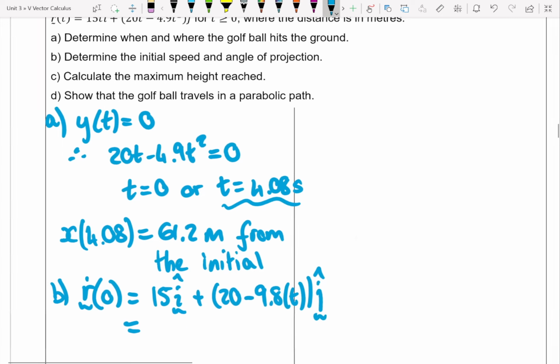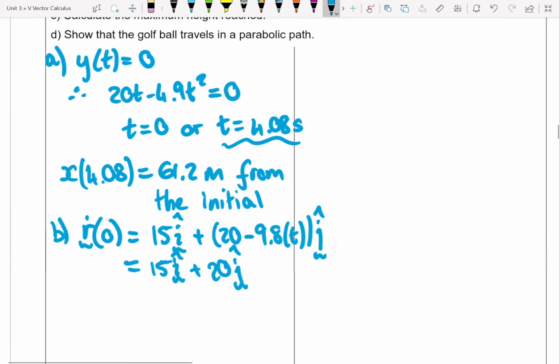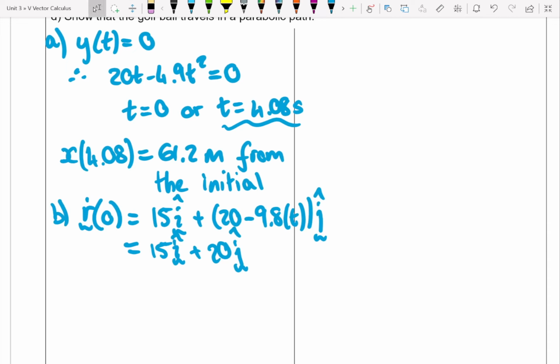So substituting in 0 for that, we get 15i plus 20j. The magnitude of that is going to give us 25 meters per second. So it's just a 3, 4, 5 triangle, but each side's been multiplied by 5.